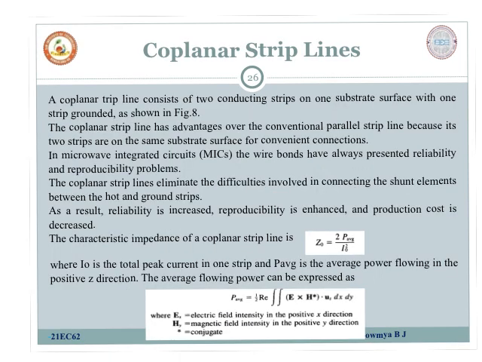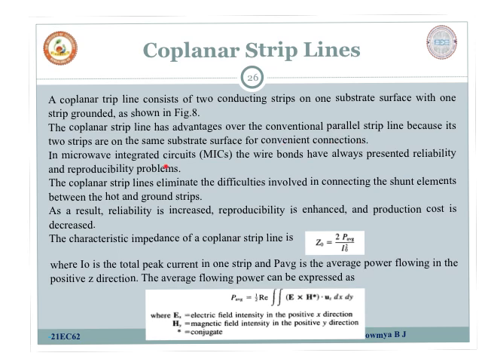Next we have coplanar strip lines. A coplanar strip line consists of two conducting strips on one substrate surface with one strip grounded. The coplanar strip line has advantages over the conventional parallel strip line because its two strips are on the same substrate surface for convenient connections.